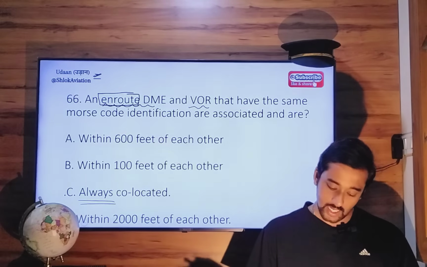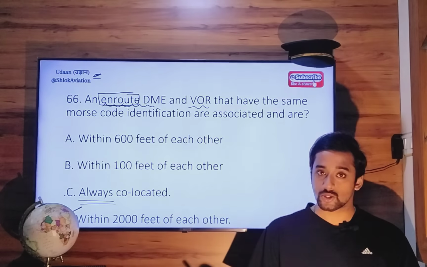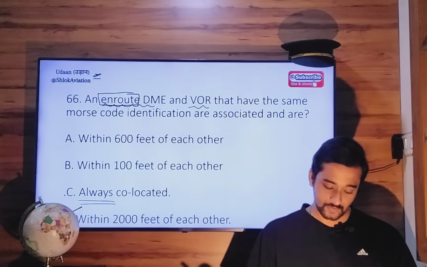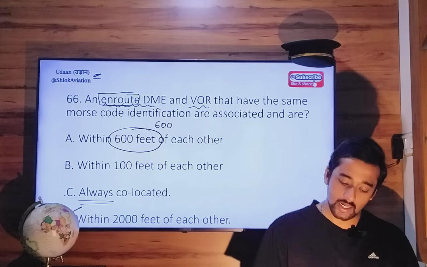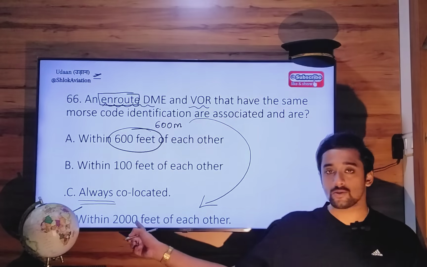So the correct answer here is delta. En route DME and VOR are associated and are within 2000 feet of each other. Okay, this is wrong. It should be 600 meter, not 600 feet, and 600 meter translates to 2000 feet.